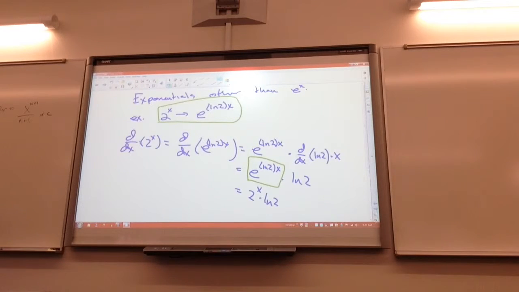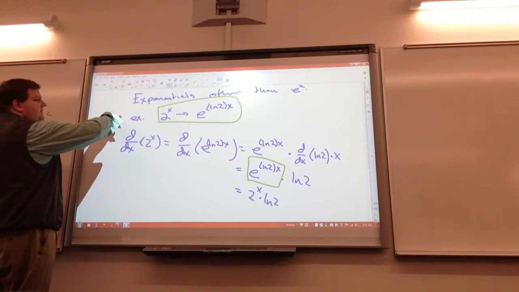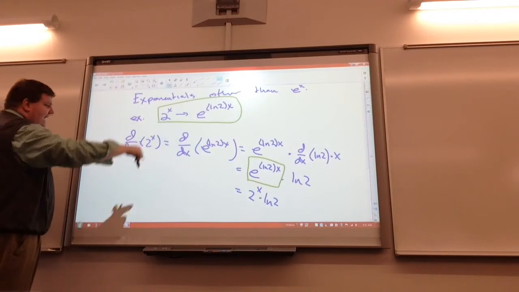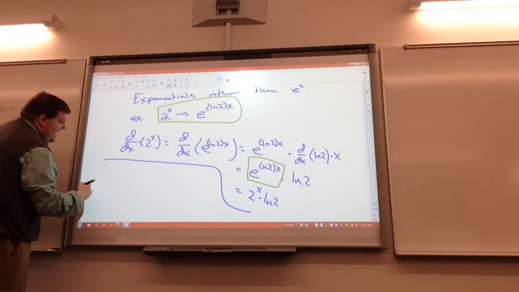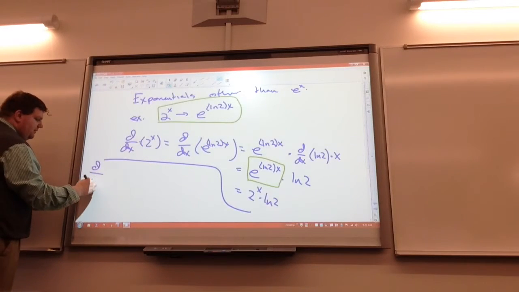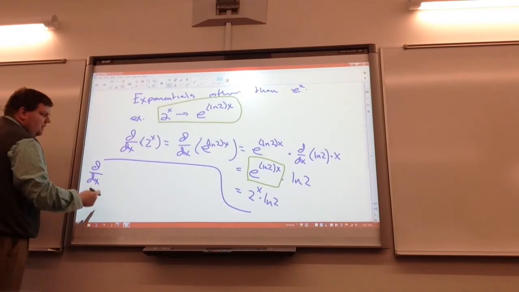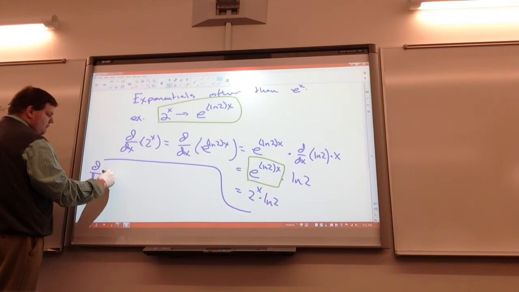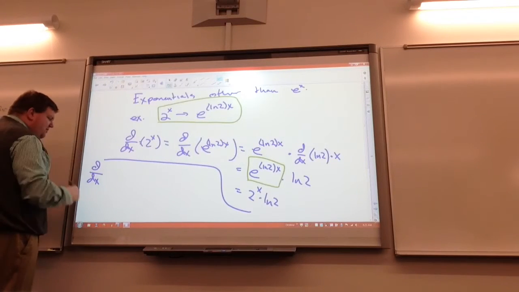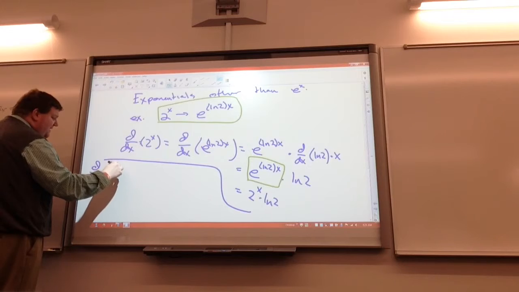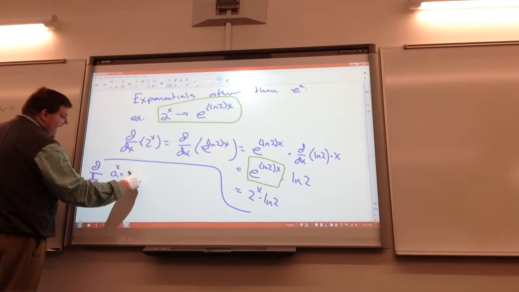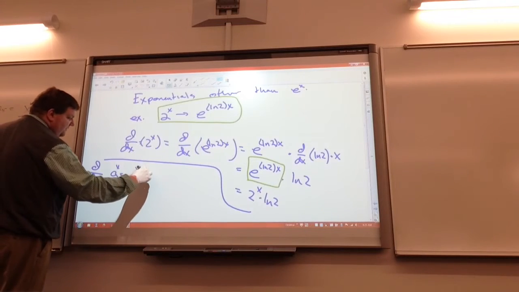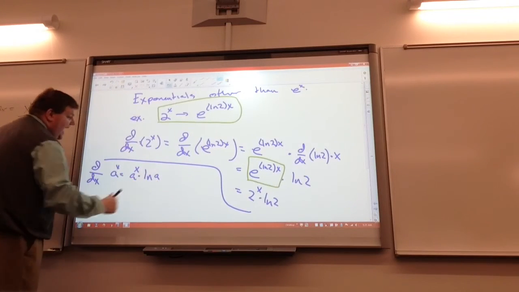Okay. So again, what that means is the rule for exponentials other than e to the x comes out to be that the derivative with respect to x of any constant a to the x power is equal to a to the x times the natural log of a.